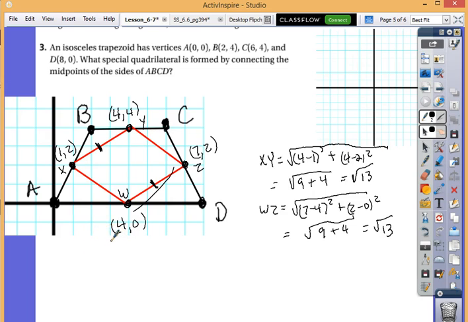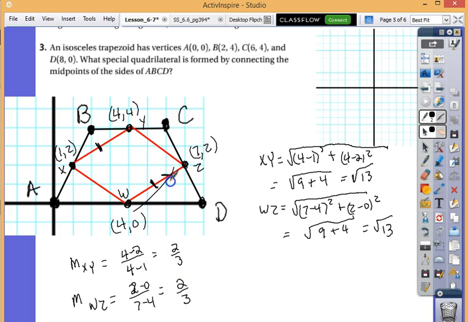Okay. I'm also going to decide if those two lines are parallel. So the slope of XY and the slope of WZ can be found by doing 4 minus 2 over 4 minus 1, which is equal to 2/3, and 2 minus 0 over 7 minus 4, which is also equal to 2/3.